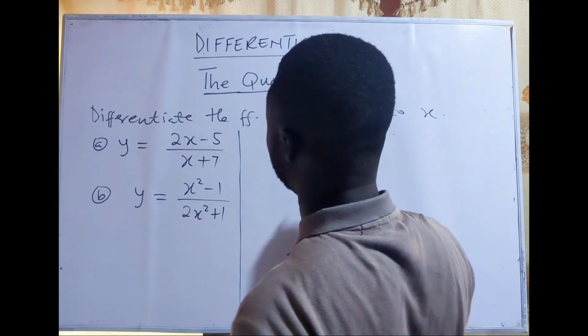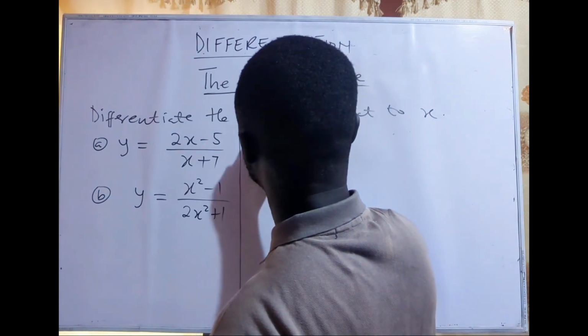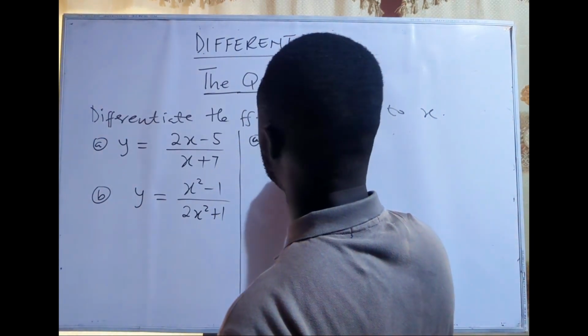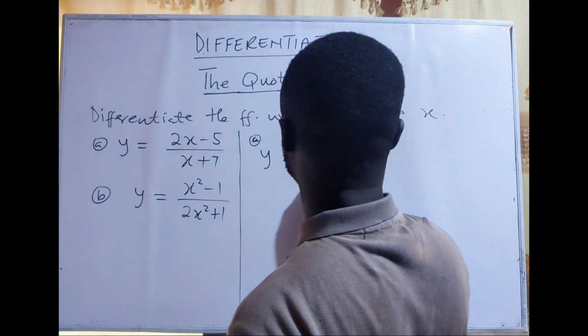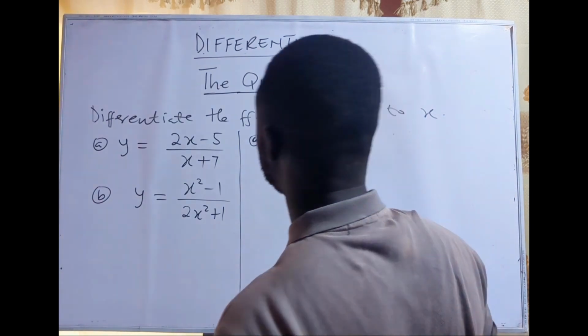So we are going to solve. We have y equal to 2x minus 5 all divided by x plus 7.